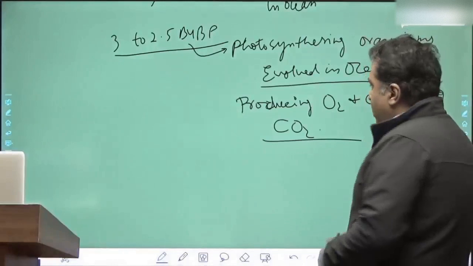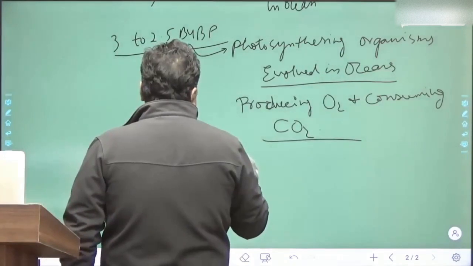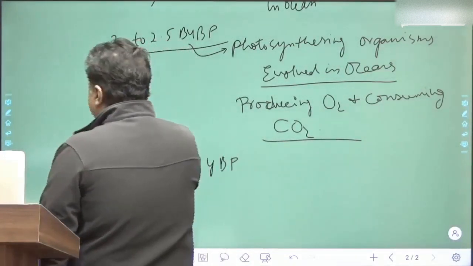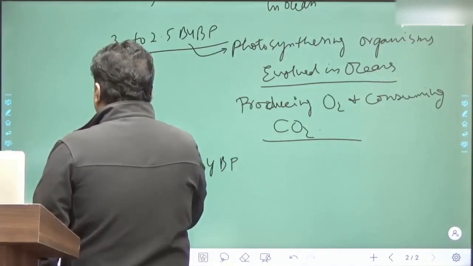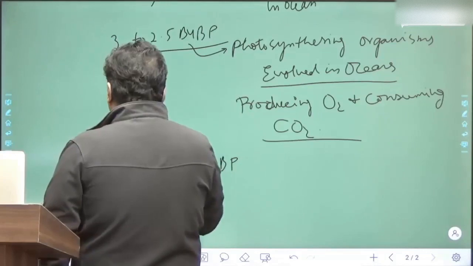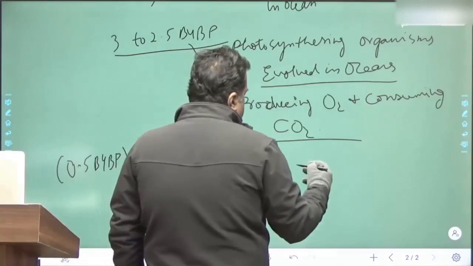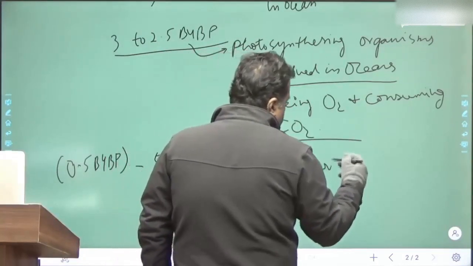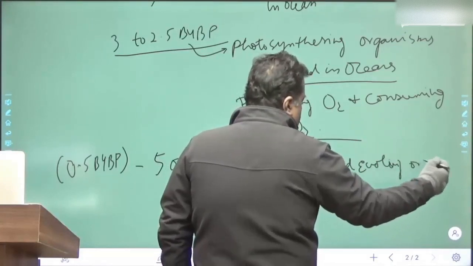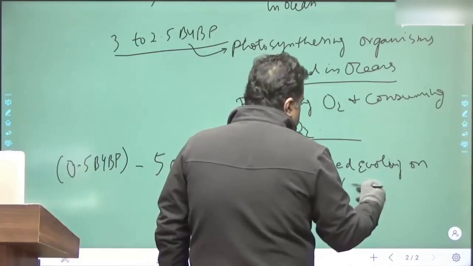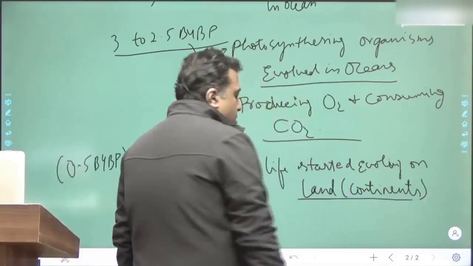And then around 500 million years before present, which is 0.5 billion years before present, life started evolving on land or continents.